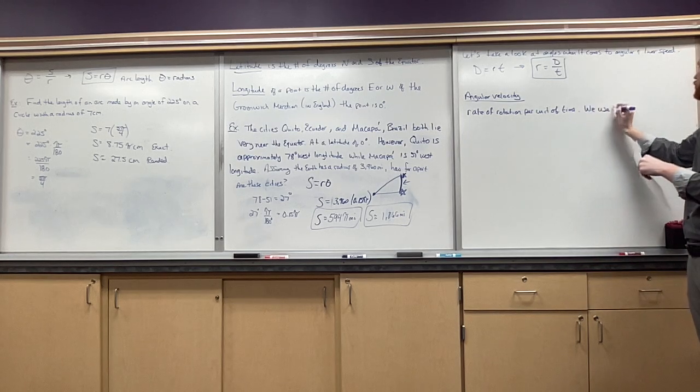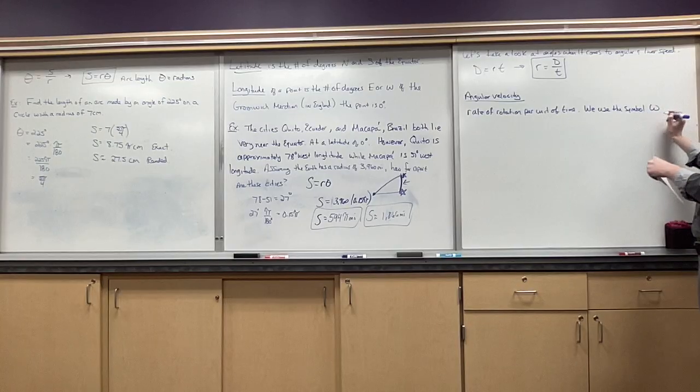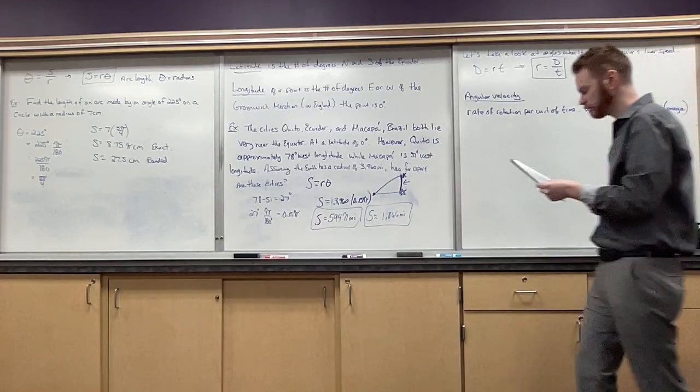Okay, so we use the symbol omega. It's a W. I try to curve it a little bit more so it doesn't look like a straight W. We're going to use that symbol to talk about angular velocity here.